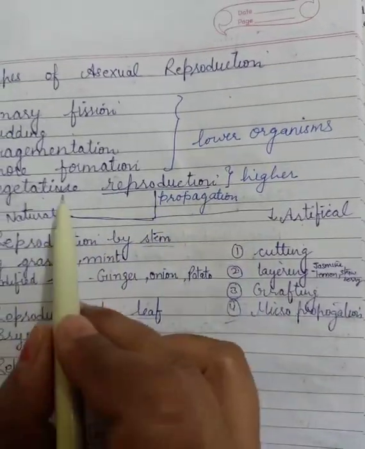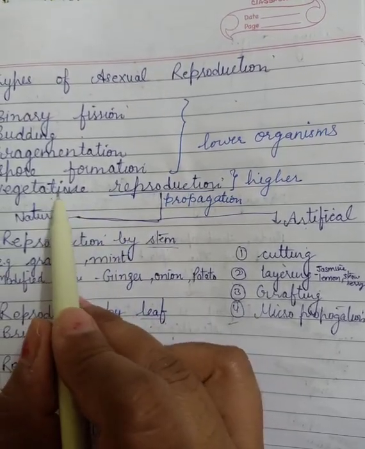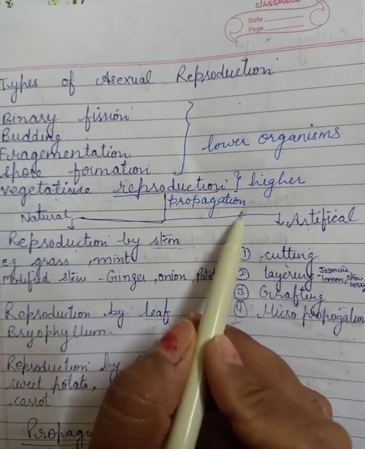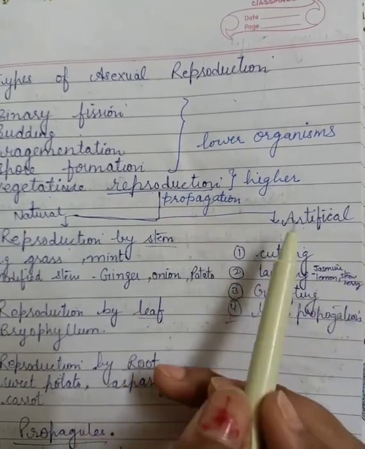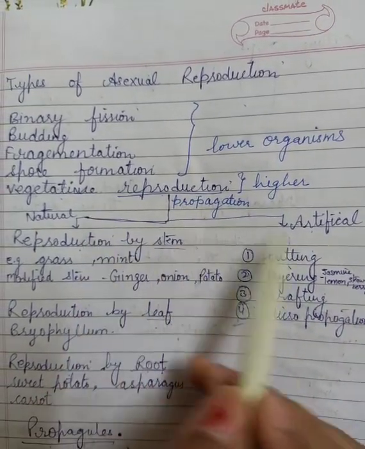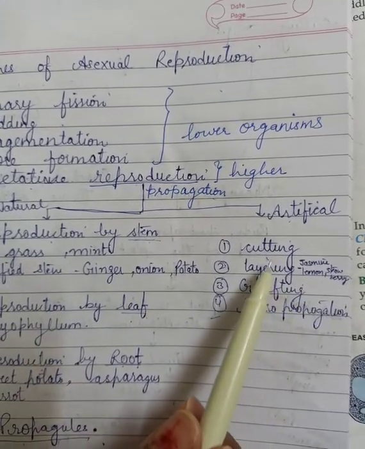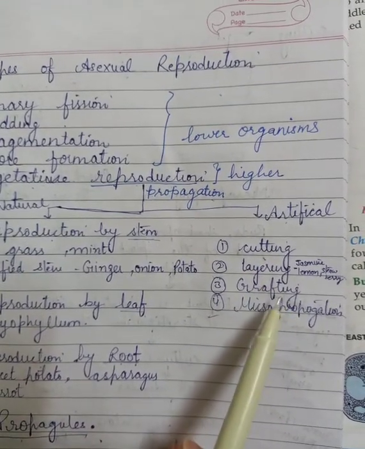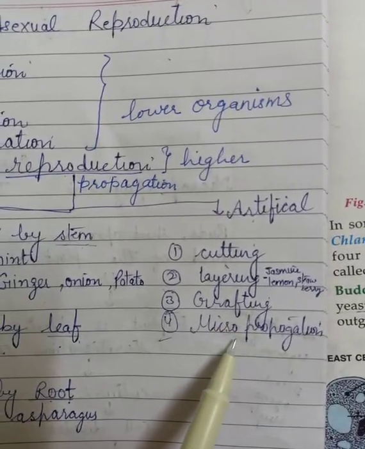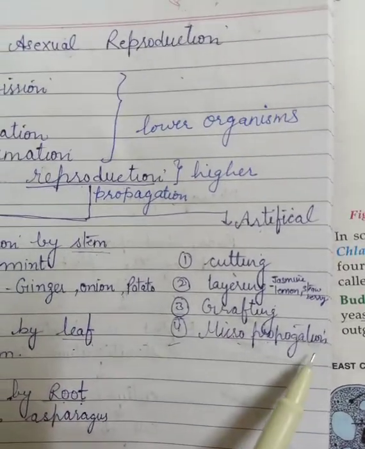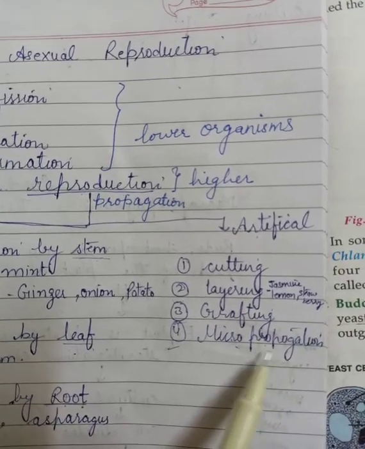So vegetative reproduction, you can also say vegetative propagation. Both are the same thing. So in vegetative artificial propagation, it is again of 4 types: cutting, layering, grafting and micropropagation. Is that clear?